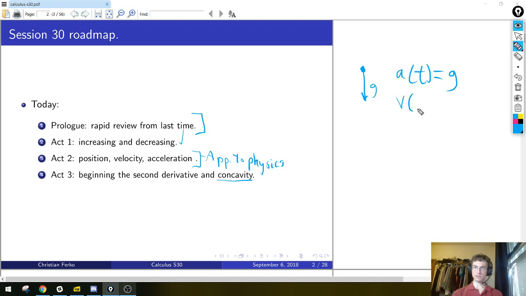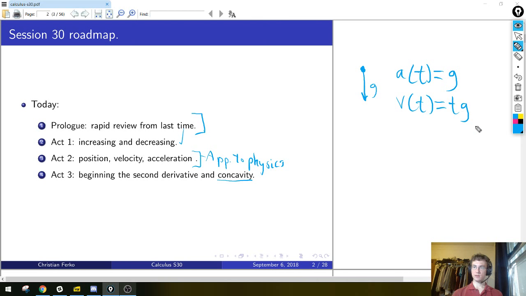The velocity, as we'll see later, since acceleration is supposed to be the derivative of velocity, you can ask the pretty simple question: what sort of function should I write down so that if I take the derivative with respect to t, I get the constant little g? The answer is pretty clear if you think for a second. I should take t and multiply it by g, since if I take the derivative, g is a constant, so I power rule the t and get back a g.